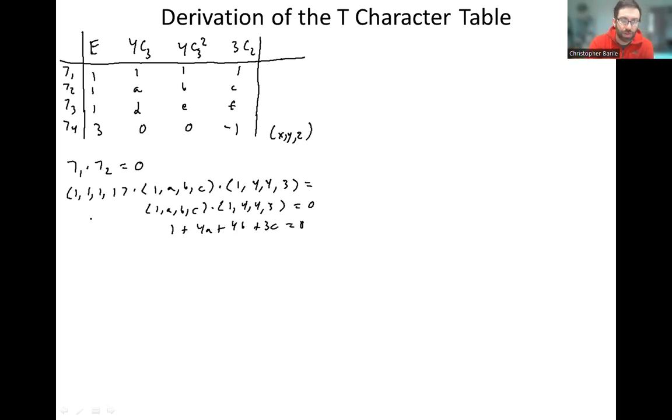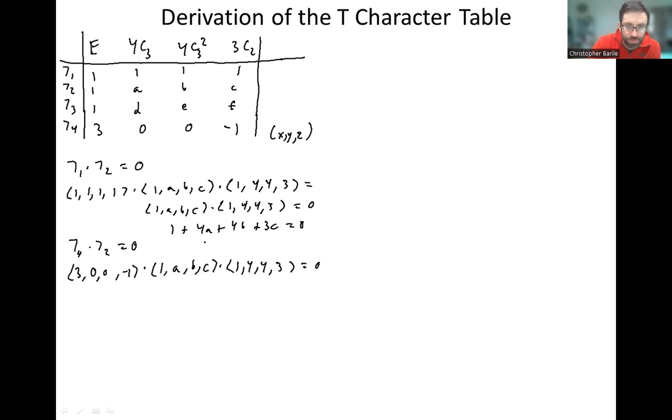Okay, so that's one equation that I have. And then I can also do the same thing with gamma 4. Oops, sorry, that was gamma 1 I rewrote. So let's put gamma 4 in there. Not gamma 1 by gamma 4, gamma 4 by gamma 2. Trying to figure out what gamma 2 is. We know what gamma 4 is, so we put in gamma 4, 3, 0, 0, negative 1, dotted with, again, gamma 2, our unknown. I'm coming up with a system of equations here to help us solve what these unknowns are.